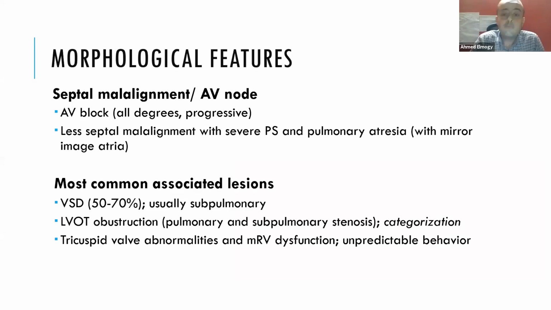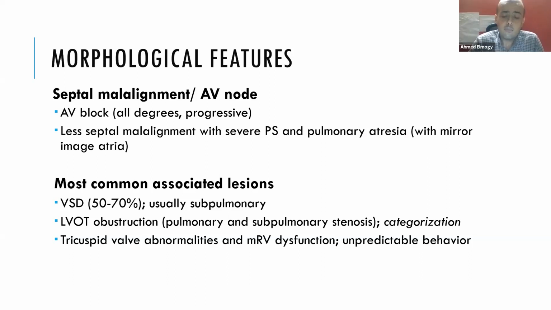The key to many of the features and clinical symptoms of those patients is septal malalignment. Septal malalignment is caused by the pulmonary valve being insinuated between the mitral and the tricuspid valve, causing the atrial septum and the ventricular septum to be malaligned away from each other.